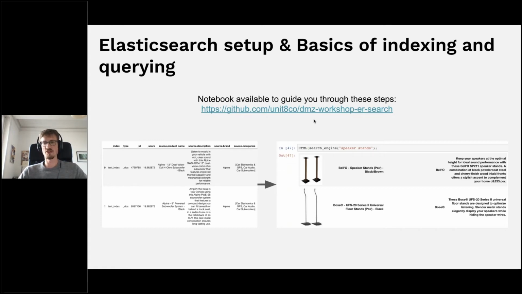So if you have any question after the talk or any doubts, you can have a look here at how we can do this. Also, it's a good reference to try some of the techniques that I will show. And in this notebook, we go from having a data set to having some mini search engine. So have a look if you're interested. Maybe that can help you after the fact.